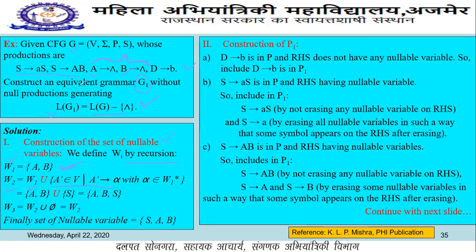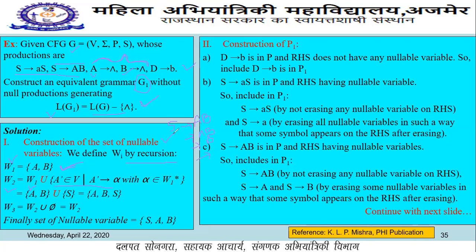Like here, S tends to AB, so S derives A and B, and because both of these are nullable variables, in the course of derivation they are also removed by null productions.